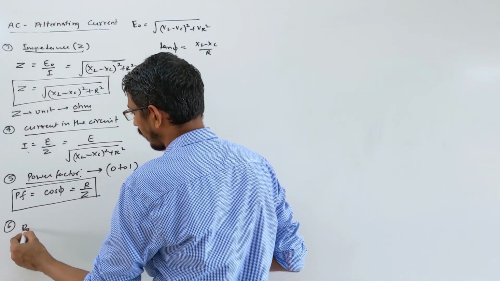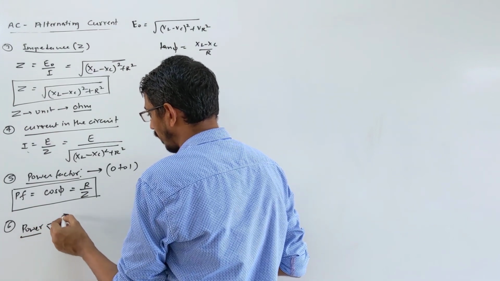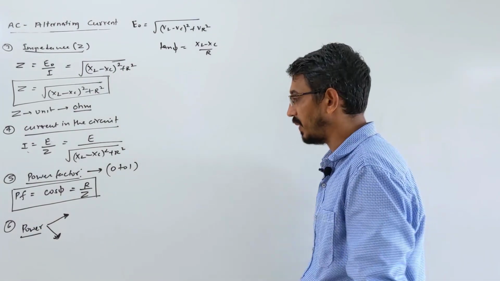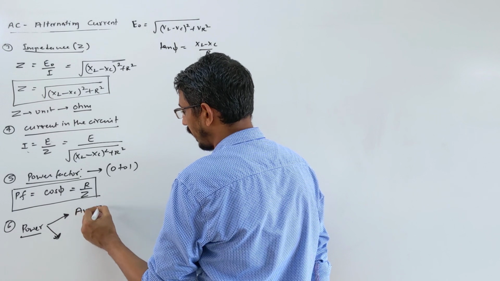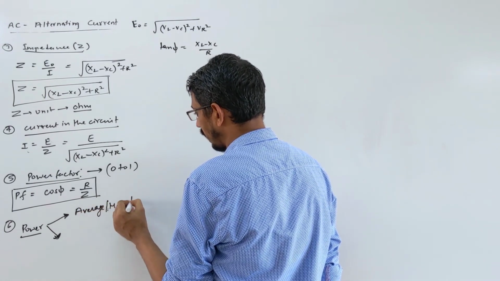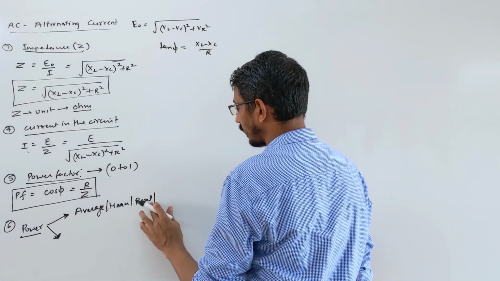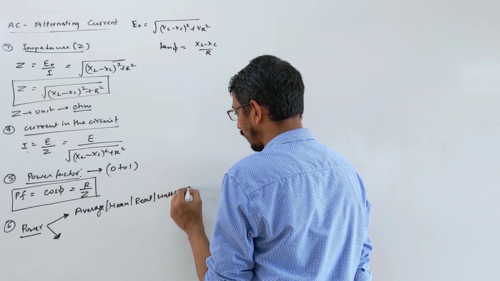Look here, two types of power you can say. The main power or general formula we write is called your average or mean power. There are many names. I'm writing all the names: you can call it average power, mean power, real power, and full power.